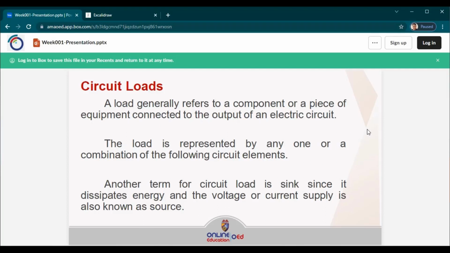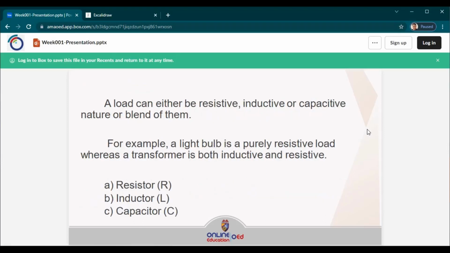So from the source to the sink. A good example is our faucet, the source of water, going down to the sink, which will receive the water. A load can either be resistive, inductive, or capacitive in nature, or a blend of them.